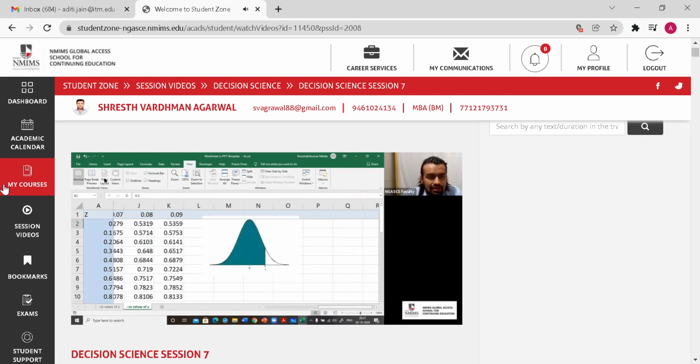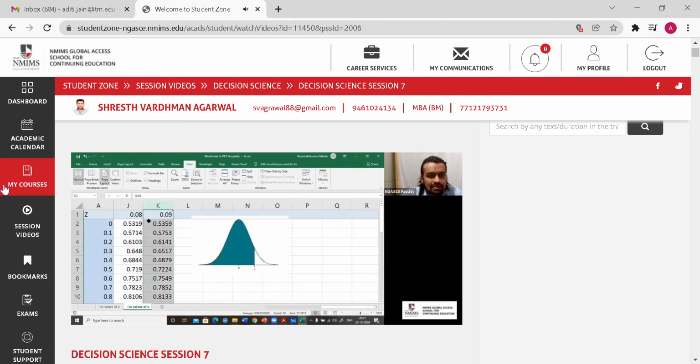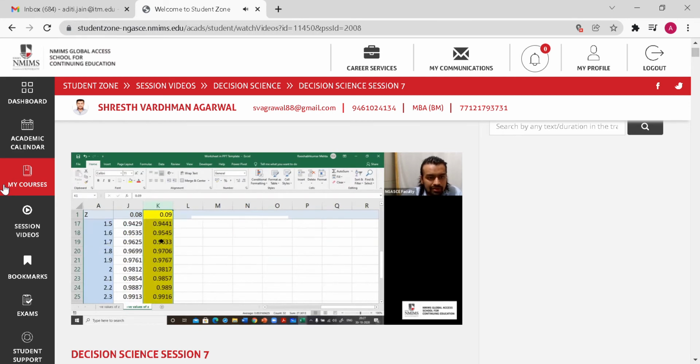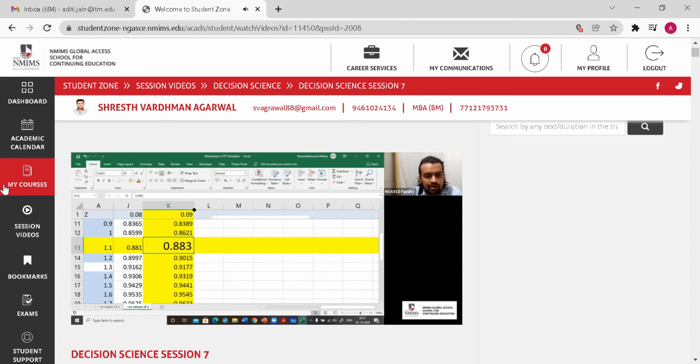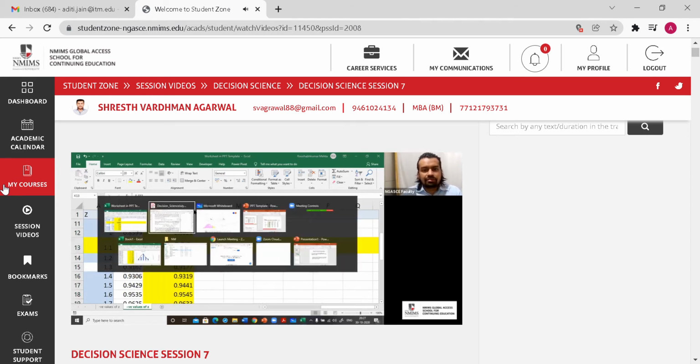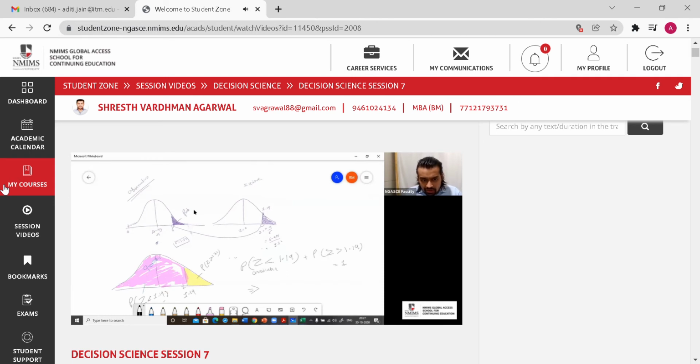Here it is a 9. Let me just highlight this. Second decimal, 0. So this is the probability, 0.883. Okay. So this region ka probability is 0.883. तो इसका क्या होगा? 1 minus 0.883.